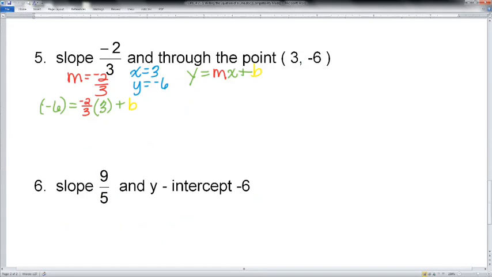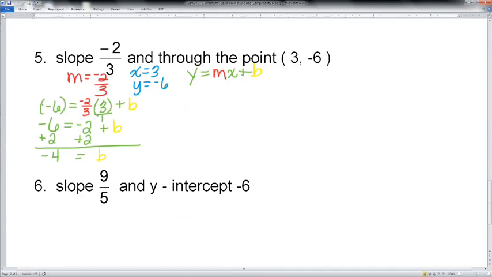So I have -6 is equal to -2 times 3/1. This will give me -6/3, which is -2, plus my b. And I'm going to add 2 to both sides. So I have -4 is equal to my b.